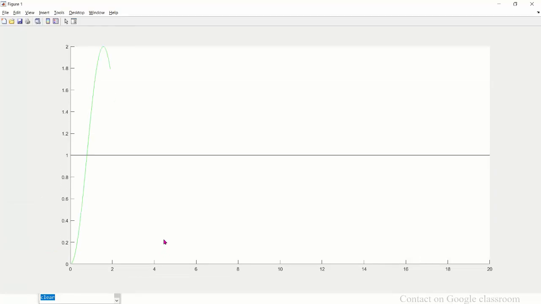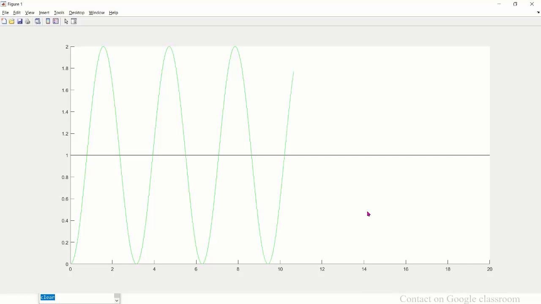So this corresponds to the waveform when zeta is taken as 0. We see that the oscillations are undamped and the limit of the oscillation lies between 0 and 2. So this is a pure sinusoid without any sort of damping.